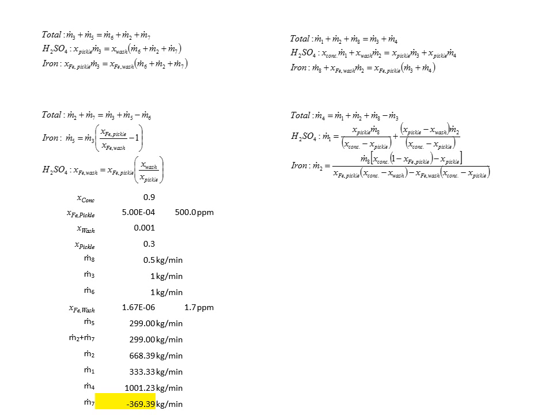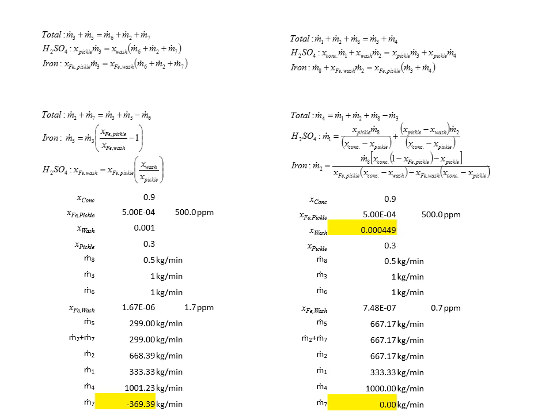Redoing our mass balances, I allowed my wash solution mass fraction of sulfuric acid to vary, and I adjusted its value such that when we calculated our flow rate of stream 7, it is identically equal to 0.